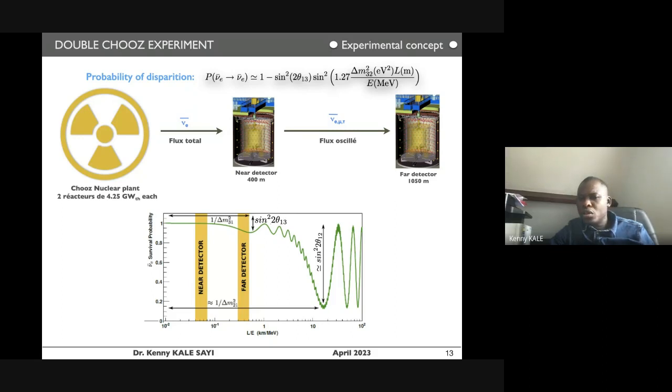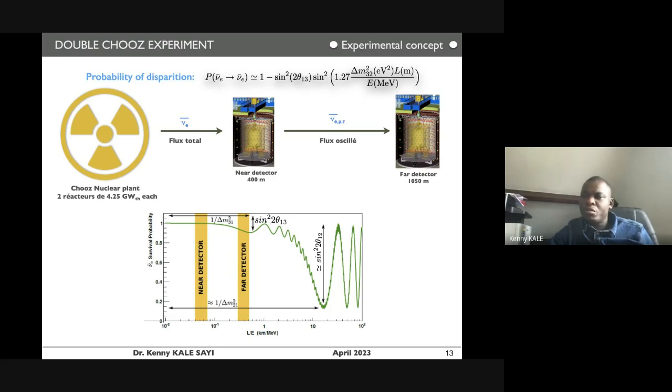So our goal is to detect neutrinos reaching the first detector, the near detector, and then to detect them again reaching the second detector. And in this distance, as we saw now, they will oscillate, they will change flavor.